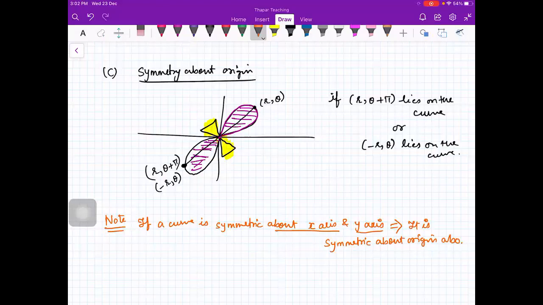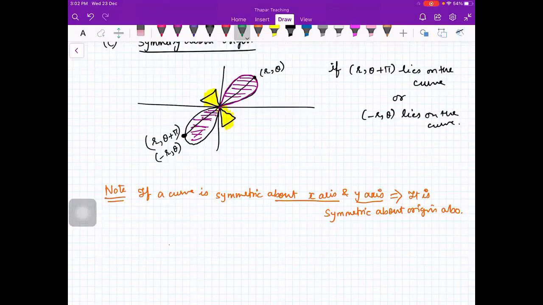So if there is symmetry about x-axis and y-axis, then you don't need to check the symmetry about origin. That automatically comes. And if there is symmetry about x-axis and about origin, that will automatically lead to symmetry about y-axis.